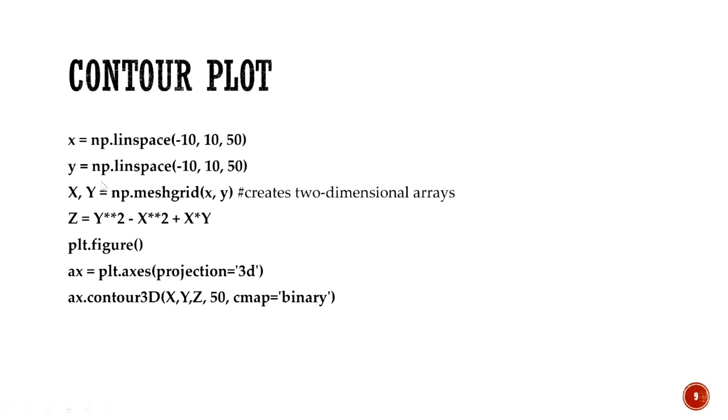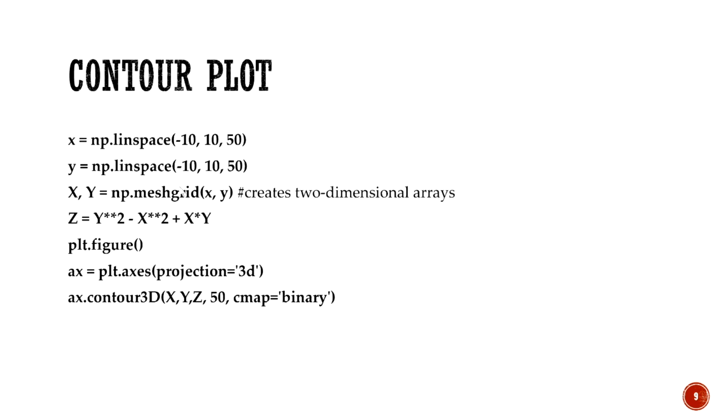So we generate x and y using linspace, and then we apply meshgrid. If you remember, we talked about the meshgrid method before. So we pass two one-dimensional arrays, and then it creates two-dimensional arrays, x and y, for all pairs of x and y. So x and y are two matrices generated from these two arrays.